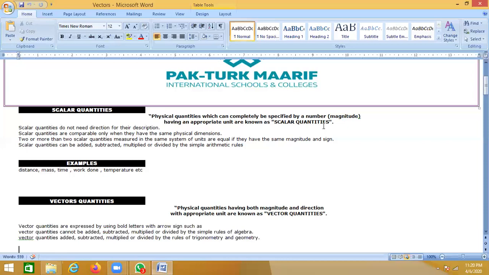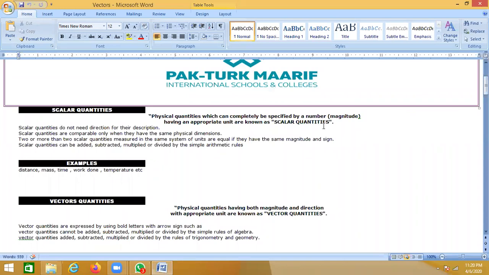Scalar quantities are all those quantities which can be completely specified with their magnitude, and also having an appropriate unit.